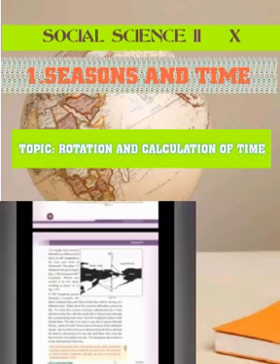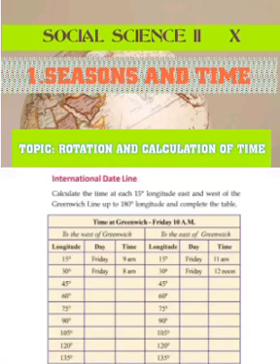My dear students, listen. There is a table. The question is: calculate the time at each 15-degree longitude east and west of the Greenwich line up to 180-degree longitude and complete the table. You know, 15-degree longitude is equal to 1 hour.